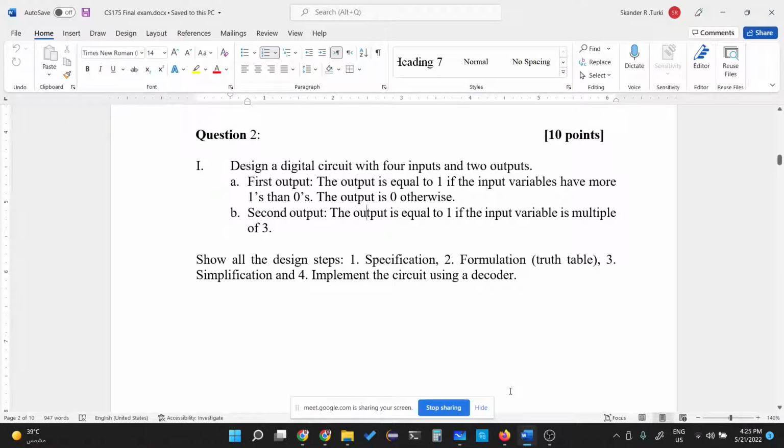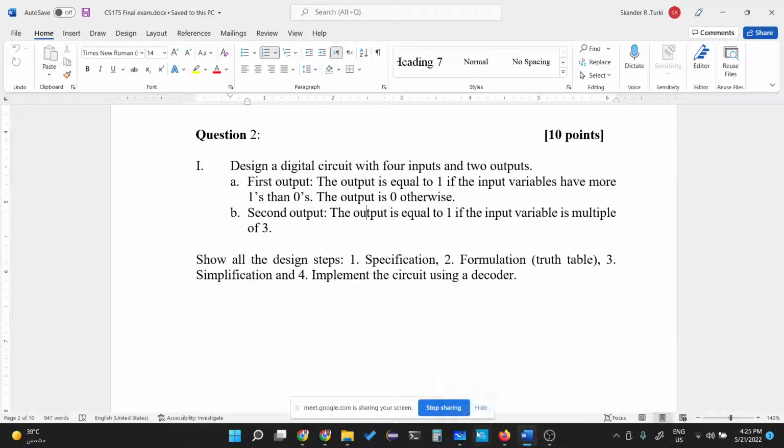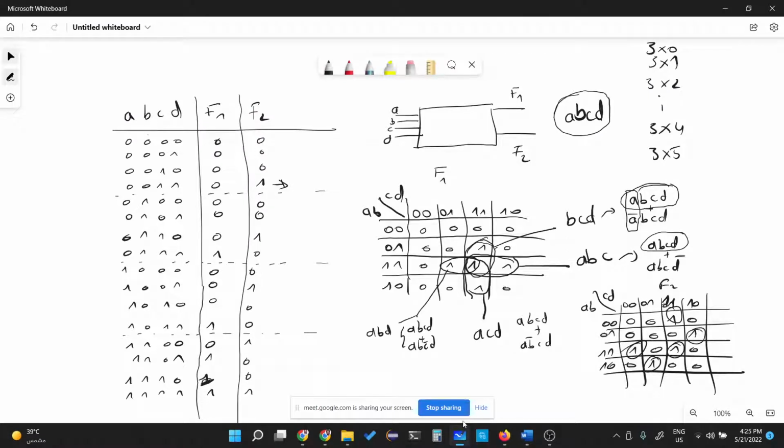Do you have any other difficulty? Here it says implement the circuit using a decoder. Do you know how to do this? Yes, so implement the F1 and F2 by an OR gate, right?